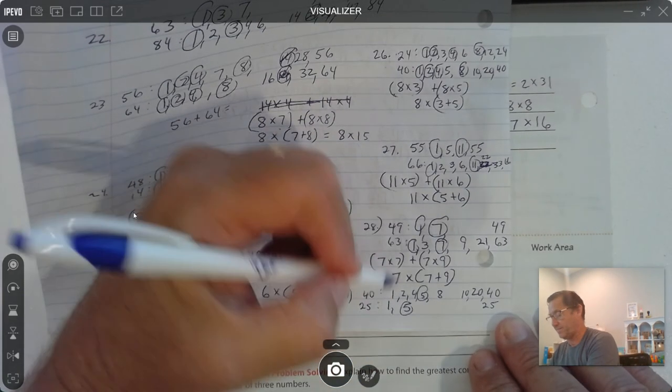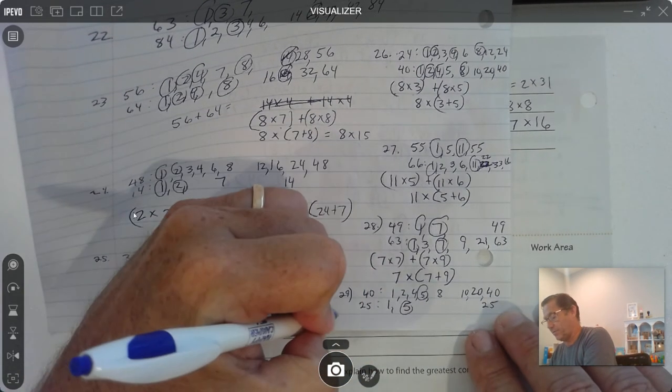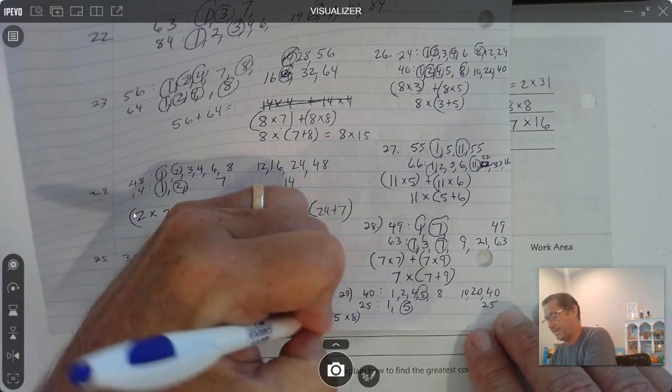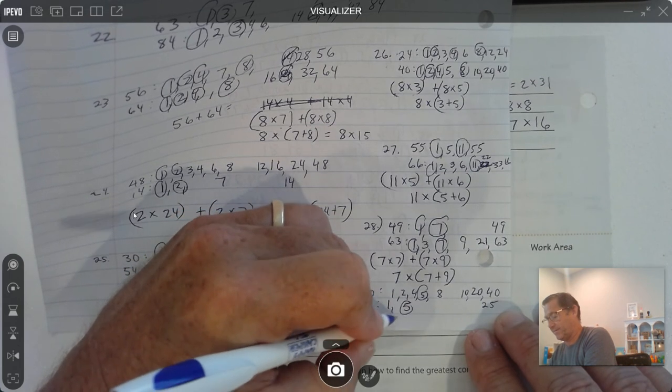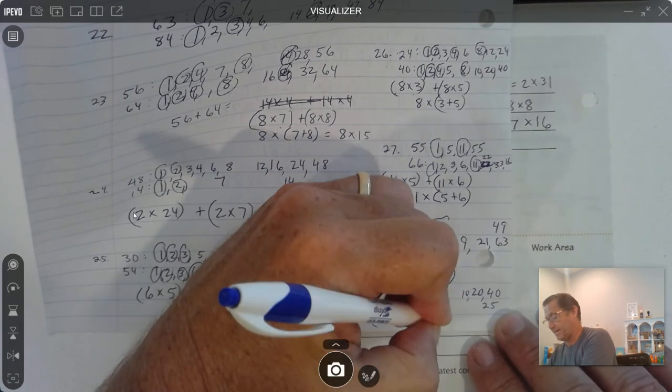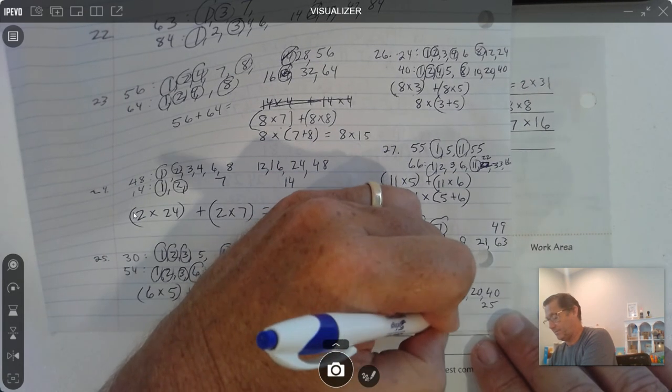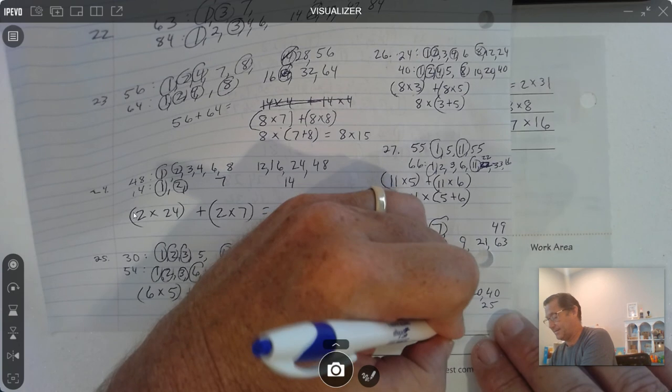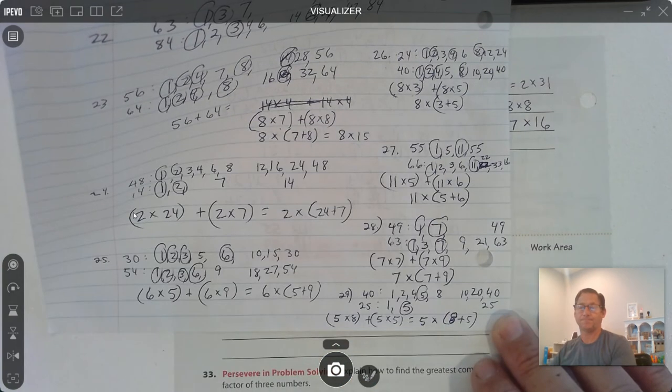So the greatest common factor is 5. So we're going to rewrite 40 as 5 times 8, and we're going to rewrite 25 as 5 times 5, and rewrite that as 5 times the sum of 8 plus 5.